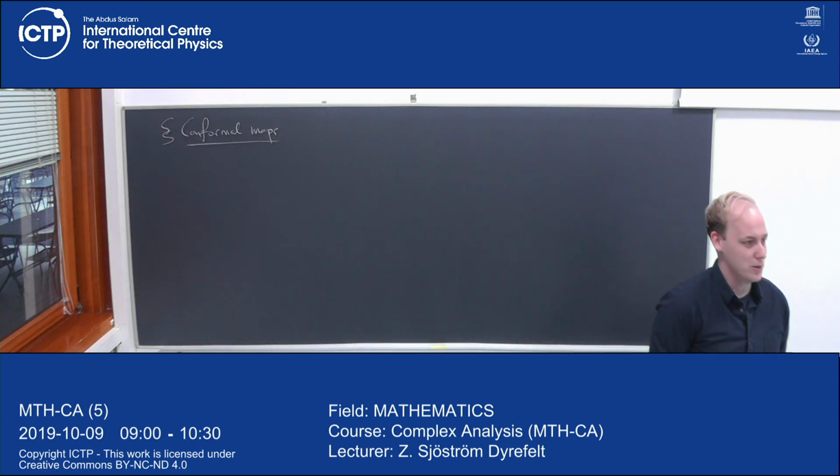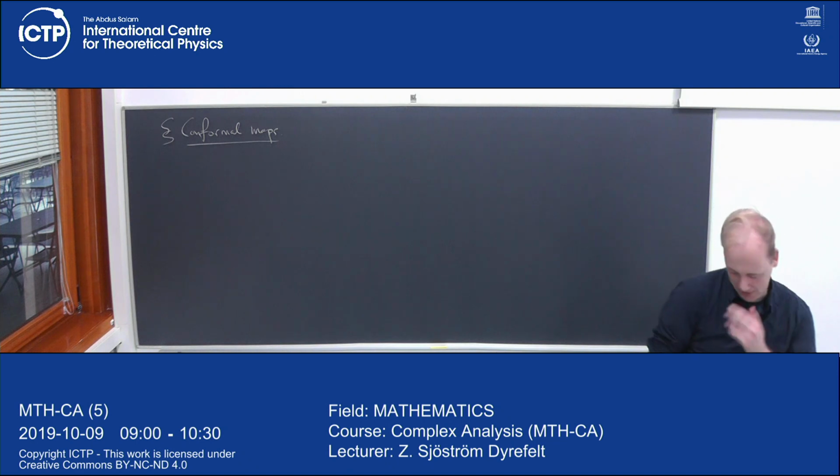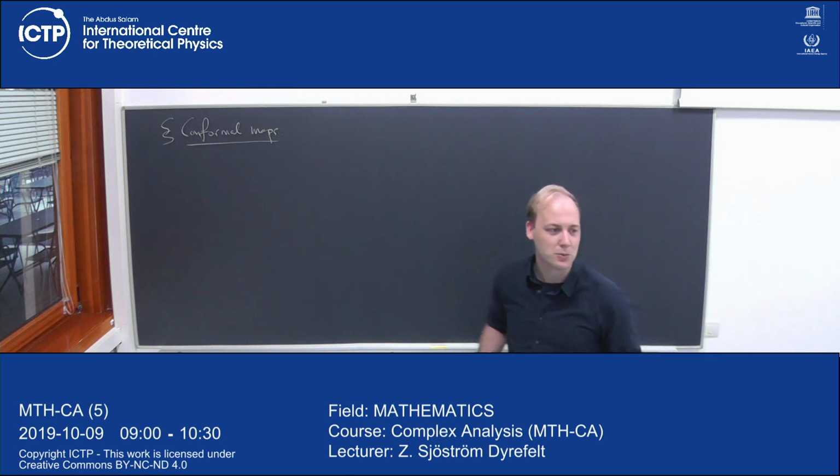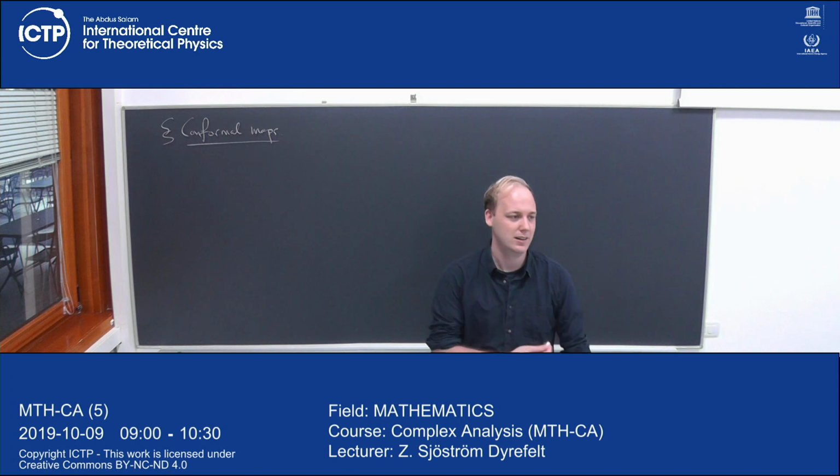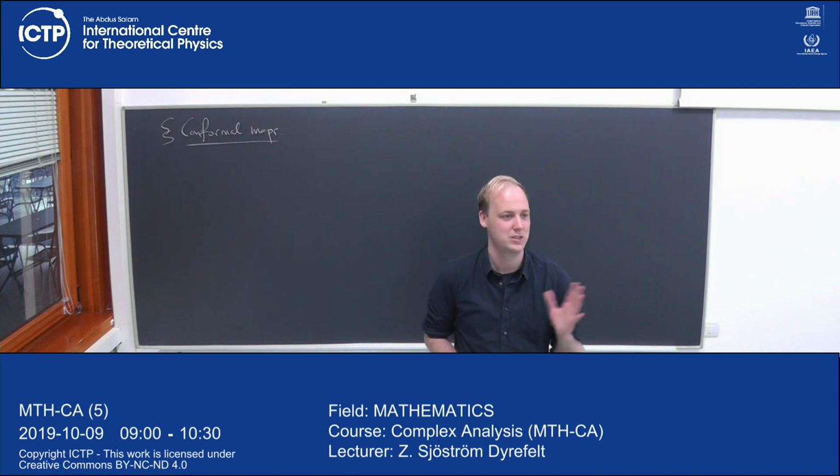So why are we going to talk about conformal maps? Let me remind you, let's go back a few lectures, we talked about holomorphic maps, and we said that holomorphic maps satisfy the Cauchy-Riemann equations. This is an analytic way that we can test if a function is holomorphic, by computing these partial derivatives and seeing if they are equal in the appropriate way.